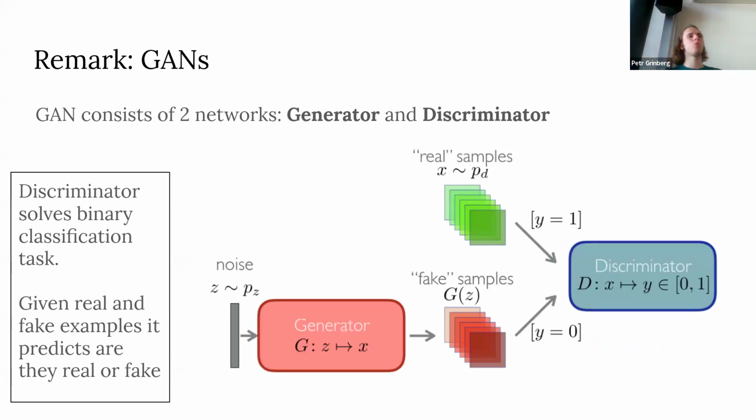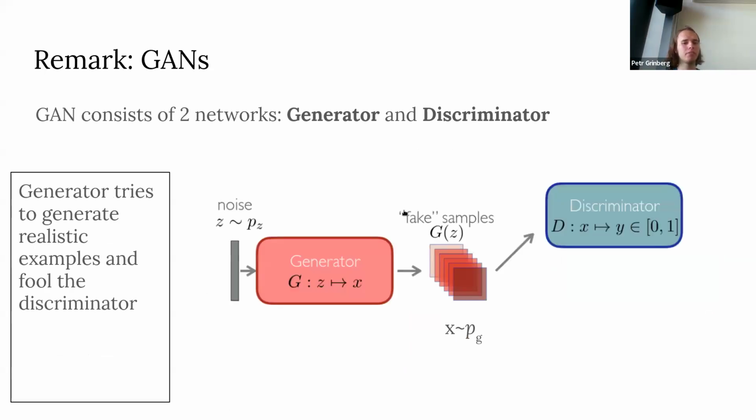So in a GAN, you have two networks. The first one is called generator, and another one is called discriminator. What do they do? The discriminator tries to solve a binary classification task. Given real examples from your data set or fake examples which were generated by your generator model, the discriminator tries to understand whether this sample is from the real data set or is a fake sample which was generated.